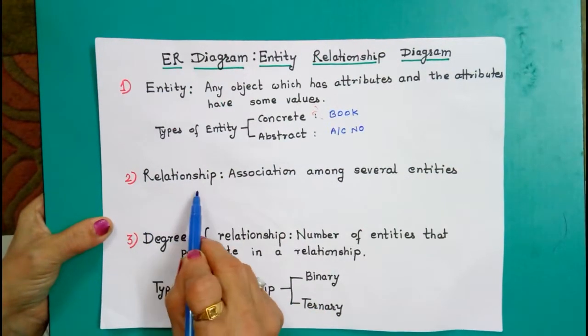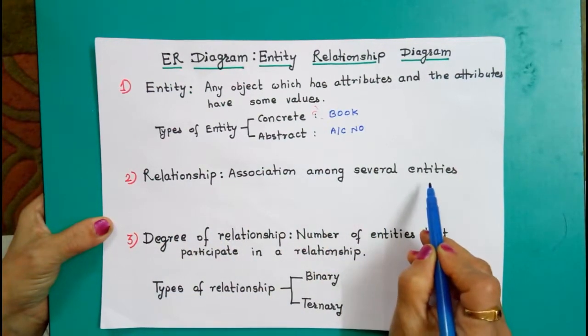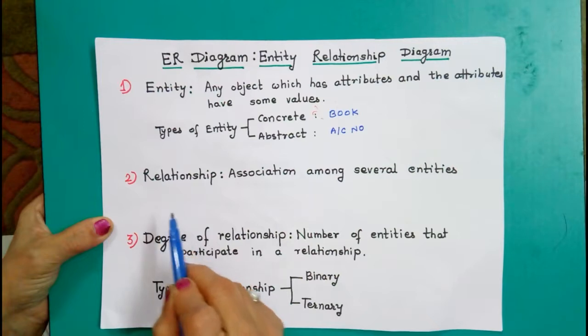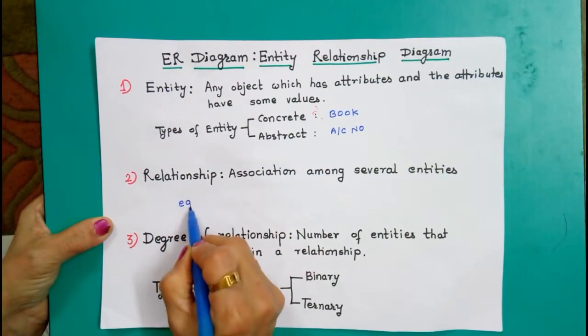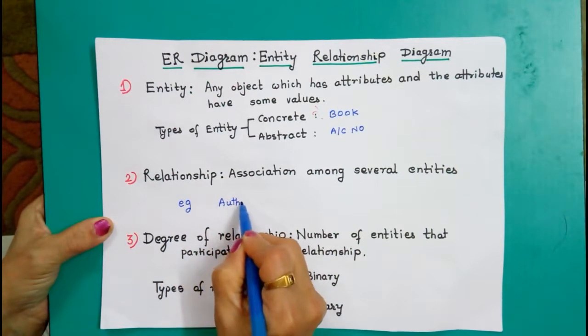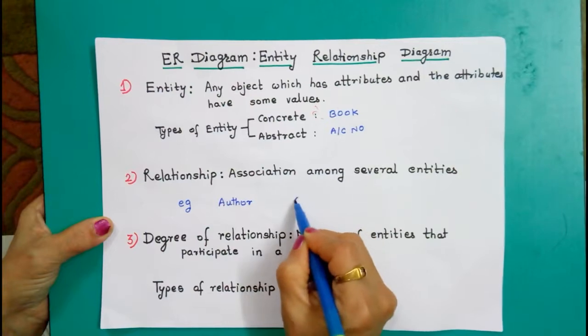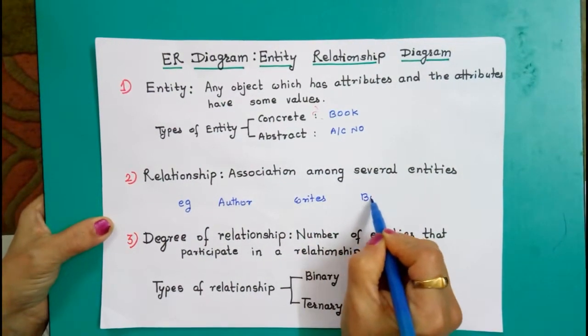What is relationship? Association among several entities is called a relationship. For example, author writes book.